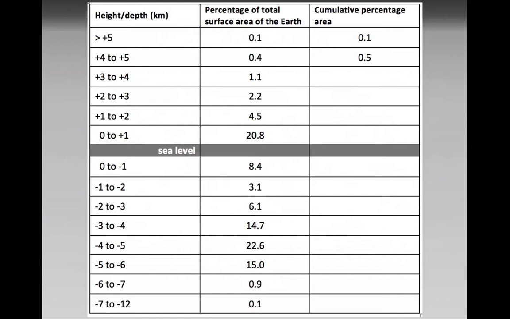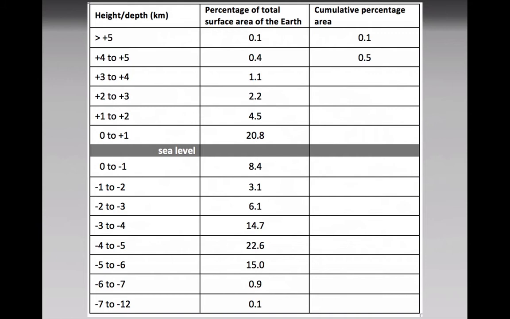Now, to work out the cumulative percentage area, we need to add those two figures together. So effectively we're saying that 0.5% of the Earth's surface area is higher than 4 kilometres above sea level.